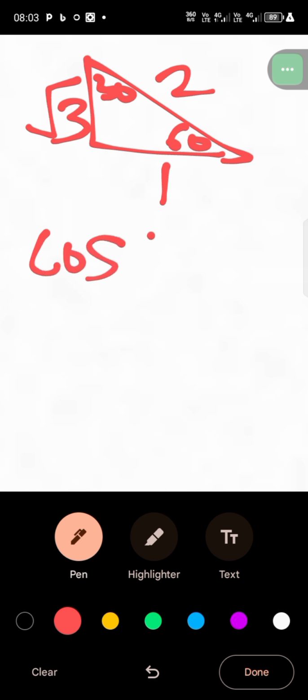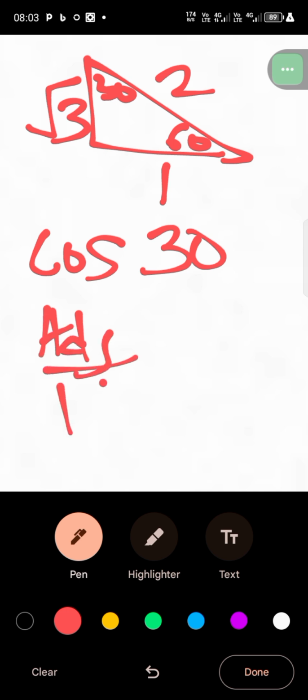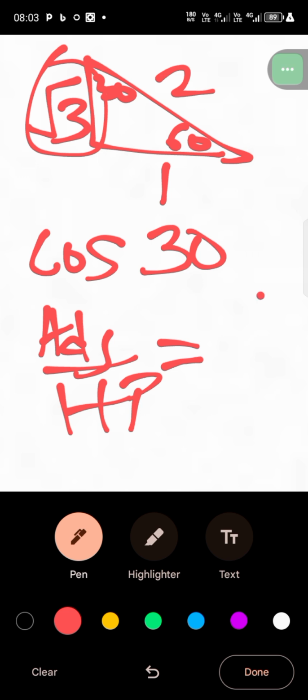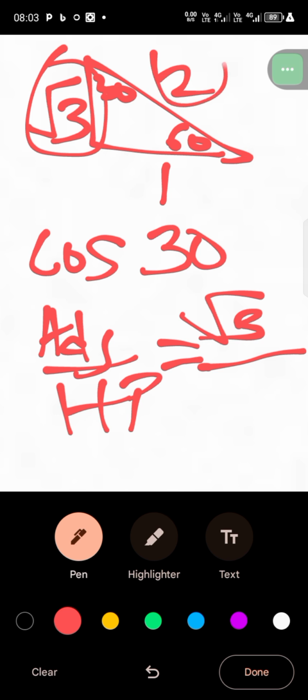Now to find cos 30: the opposite of 30 is 1, the hypotenuse is 2, the adjacent is root 3. So cos 30 is adjacent over hypotenuse, which is root 3 over 2.